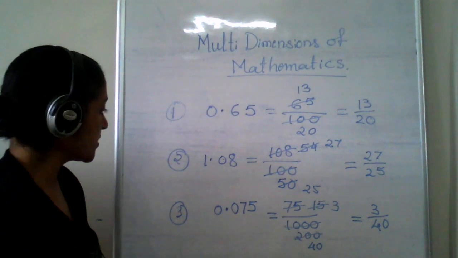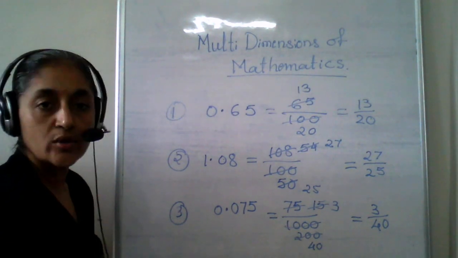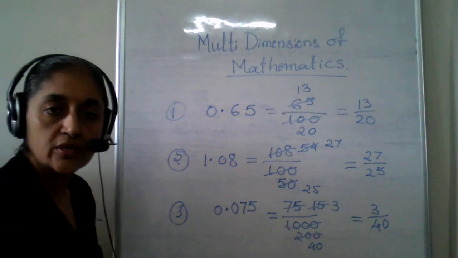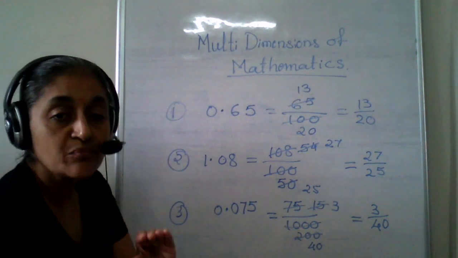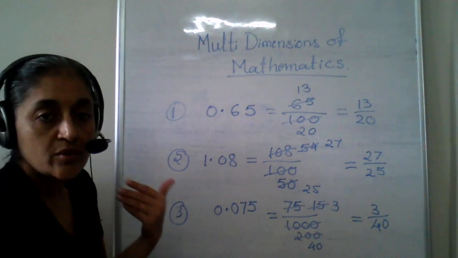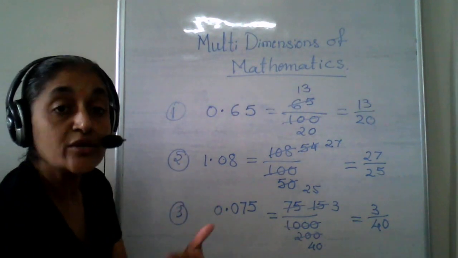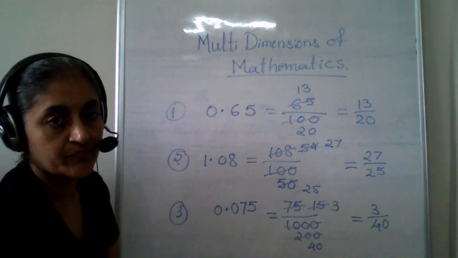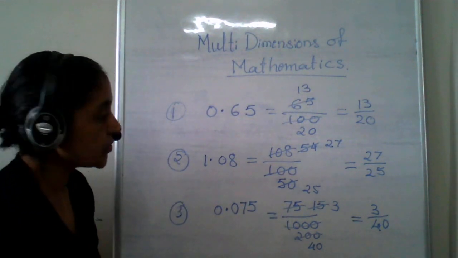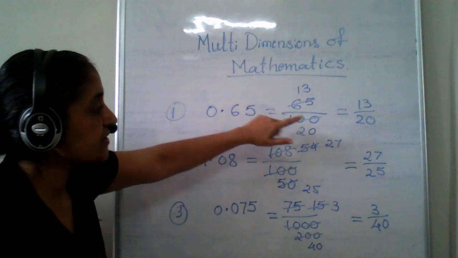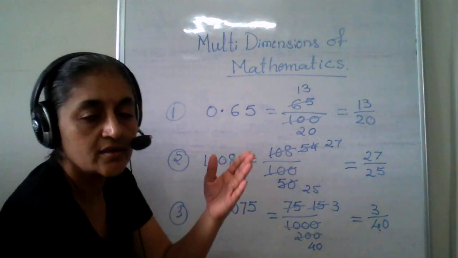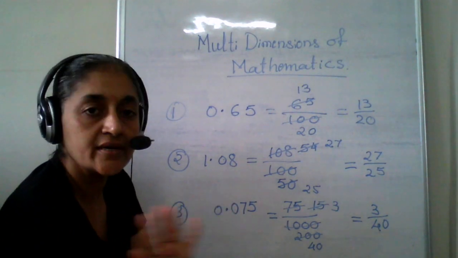So these three questions I have taken to make you understand what we mean by vulgar fraction and how to convert the given decimal into a vulgar fraction, that too in the simplest form. Simplest form in the sense that the fraction cannot be reduced further. So a vulgar fraction is a fraction which does not have 10, 100, 1000 or the exponents of 10 in the denominator.